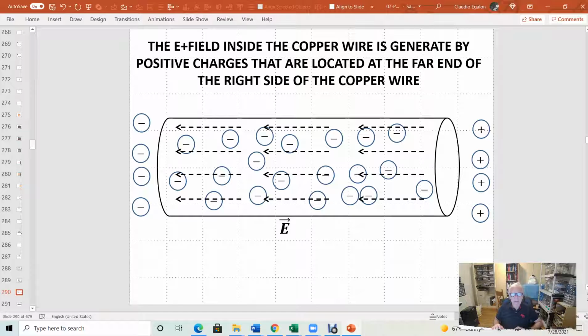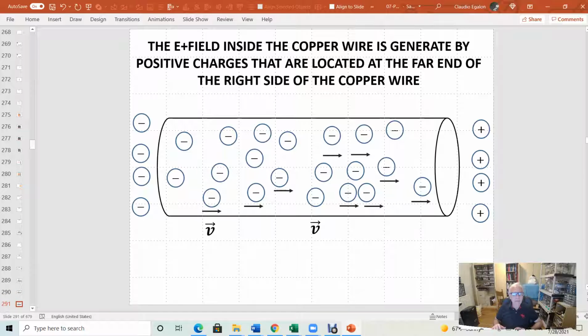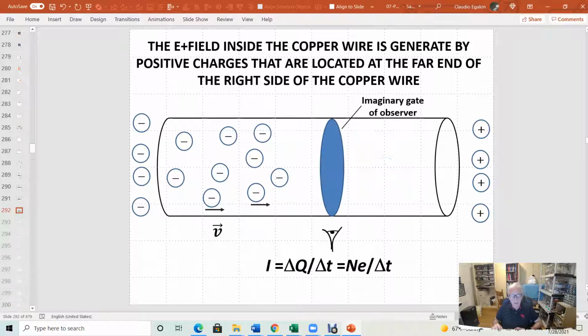With the electric field inside, the negative charges in the bulk of the wire are going to be subjected to an electric force, and the charges are going to move. The negative charges are going to move towards the positive side with a given velocity. This is the drift velocity.